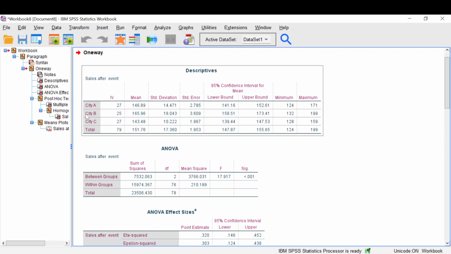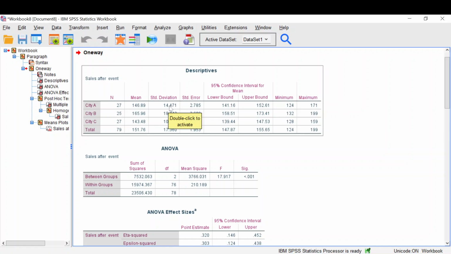So here we can see right away that City B seemed to have the most unit sales, 166 rounded up, versus 147 for City A and 143 for City C. Okay, so this is an indication, not a confirmation yet, but it seems to indicate that City B did better than the other two cities. But let's see.